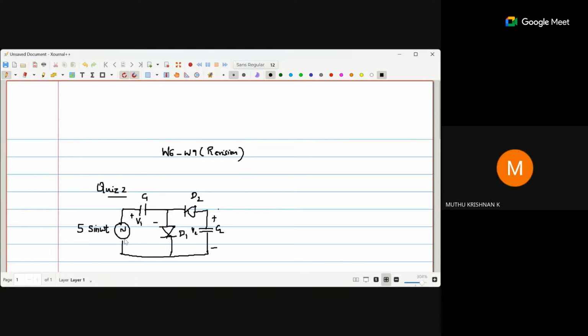You told yesterday this was the question, right? I might have said wrongly. It is a half wave rectifier circuit, ma'am. Some other question in the quiz too, ma'am. What is that?